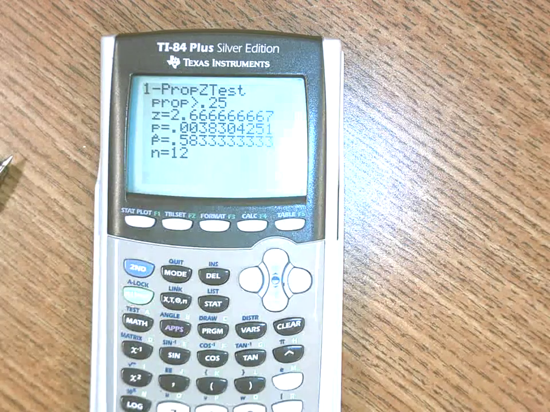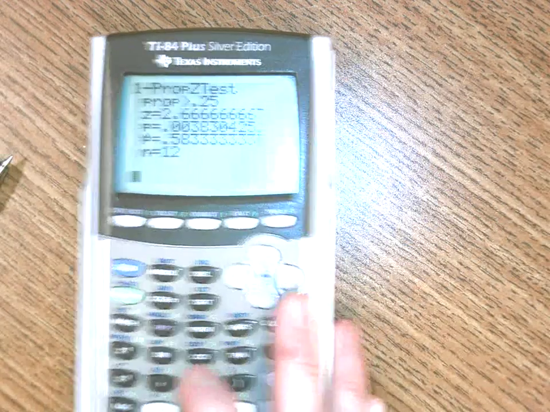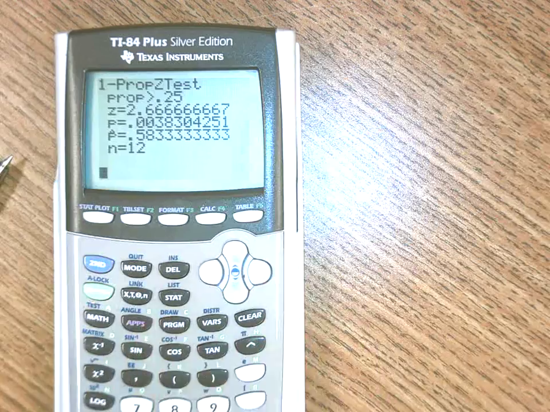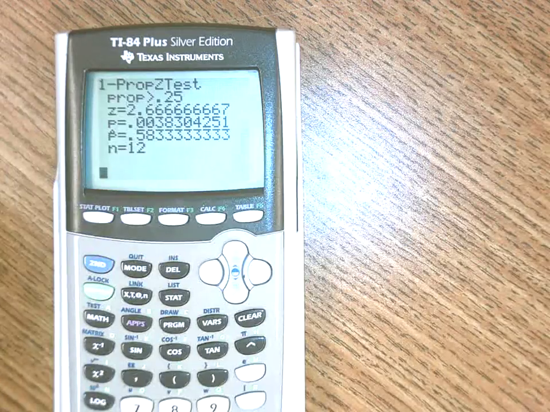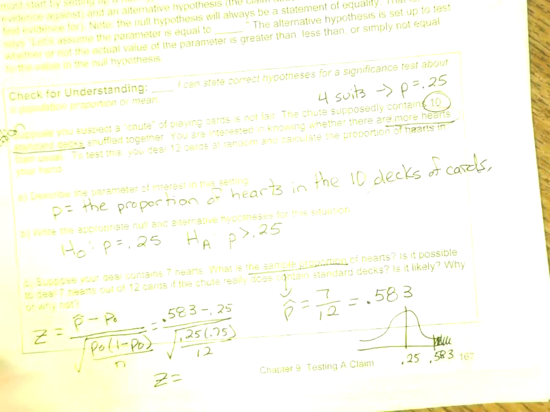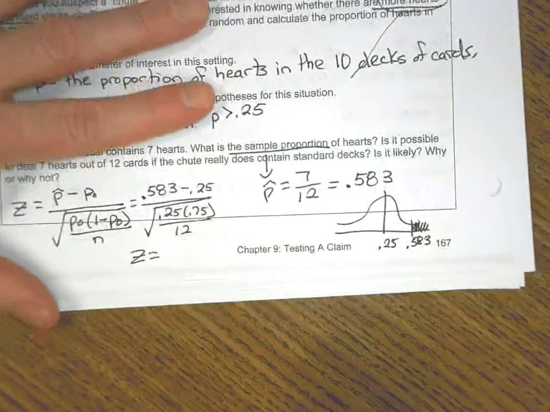Our z-score is 2.667, and we have a p-value of 0.003, and they also gave you the p hat. So even though it's more than half, and we're only looking for a quarter, it's extreme. It's less than 3 standard deviations away because our z-score is 2.667, but that p-value is still really small.